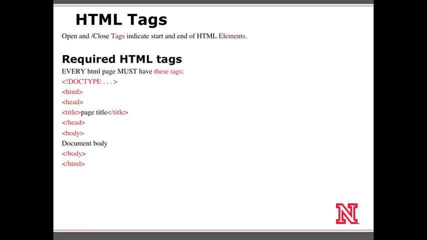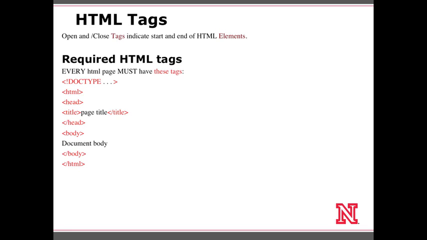HTML tags. So let's talk a little bit about HTML tags. Tags indicate the start and the end of an HTML element. So there is a difference between a tag and an element. There are 5 HTML elements actually that are required on every HTML page to be valid: the doctype, an open and close html, an open and close head, open and close title, and open and close body.